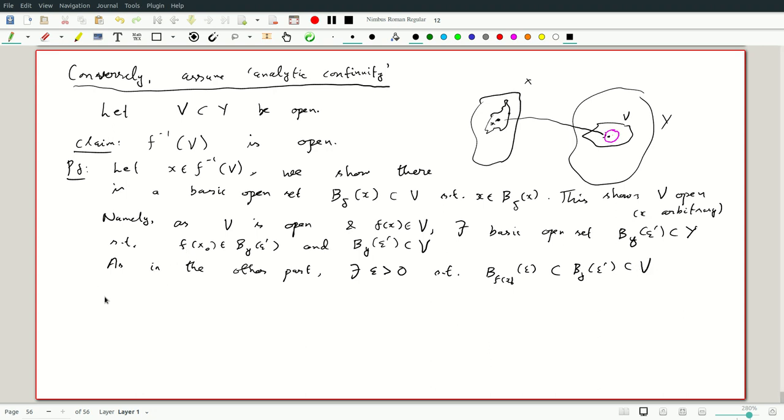Okay, so now that we have this, we pick delta greater than 0 corresponding to epsilon.